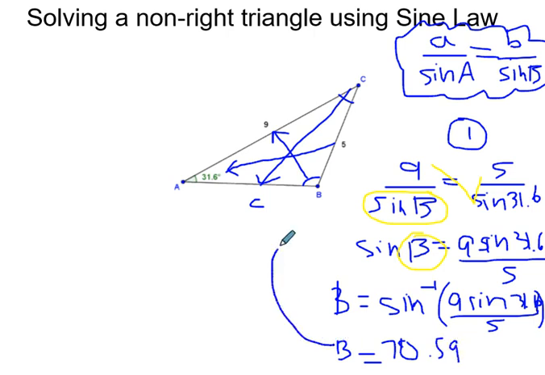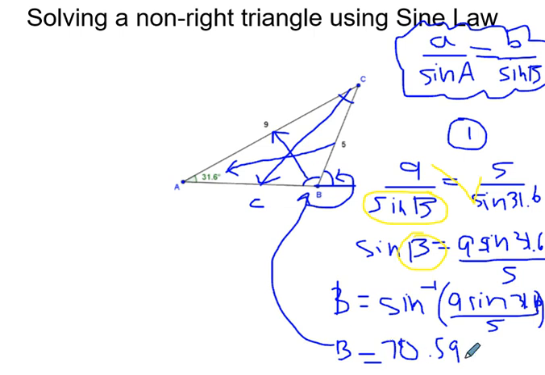Now, let's look at the angle here. Does it look like 70.59? Well, no, because it's bigger than 90 degrees. So the angle you found is actually this one here. So what you found is this angle here. So how do you find angle B, which is an obtuse angle?